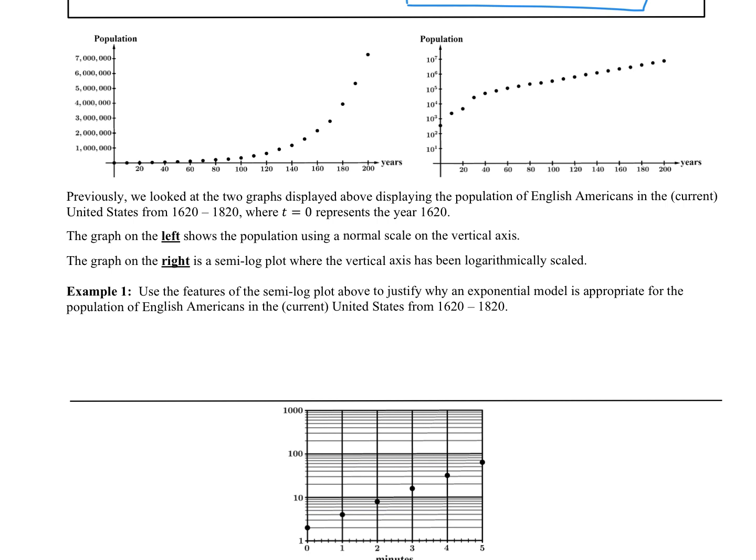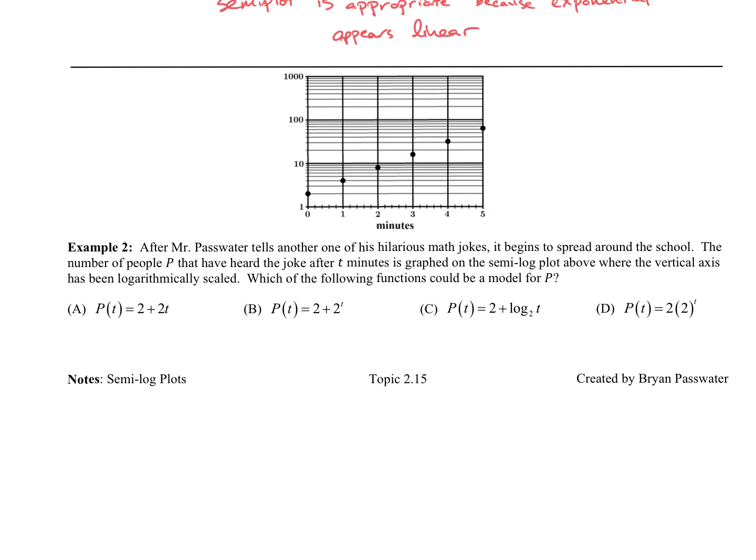So what we need to say is that the semi-log plot is appropriate because the exponential appears linear. In physics and such, they try to linearize data, so they'll actually go with these kinds of plots. All right, I got you.